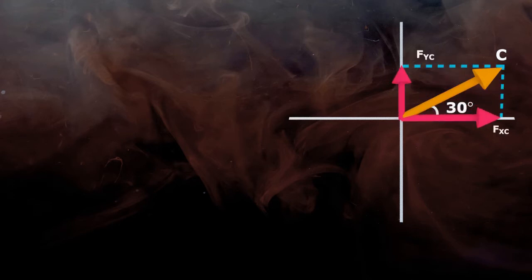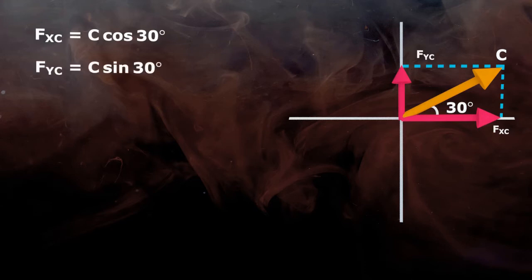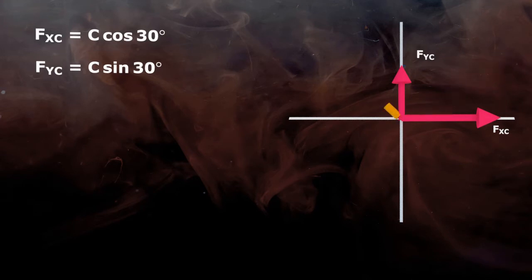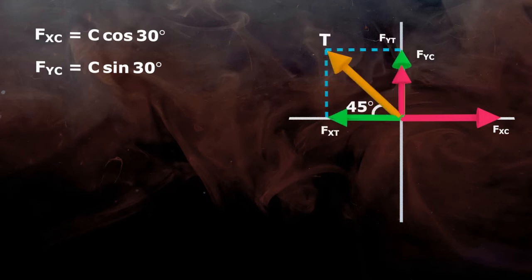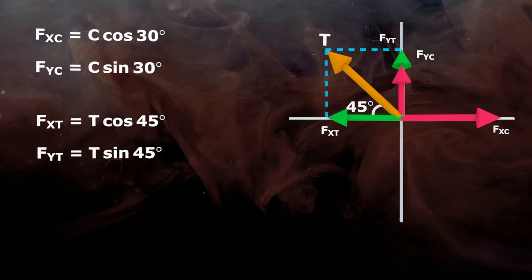Force C makes a 30-degree angle to x-axis. So x component Fxc is C cos 30 and y component Fyc is C sin 30. Similarly, force T makes a 45-degree angle to x-axis, and so x component Fxt will be T cos 45 and y component Fyt is T sin 45.